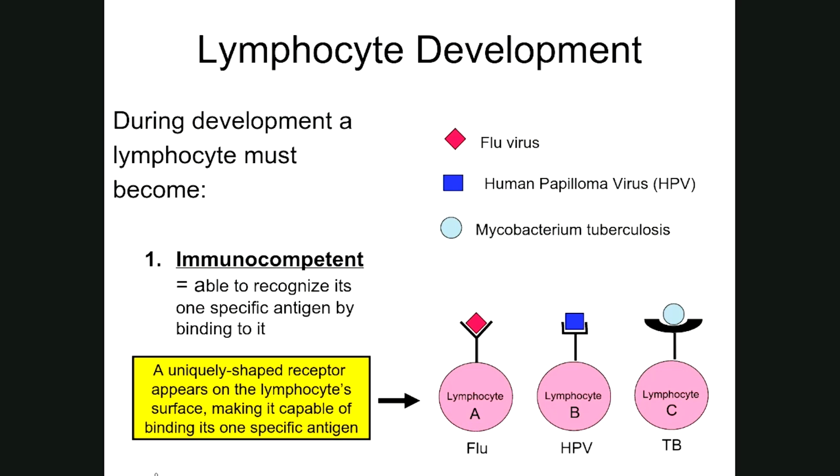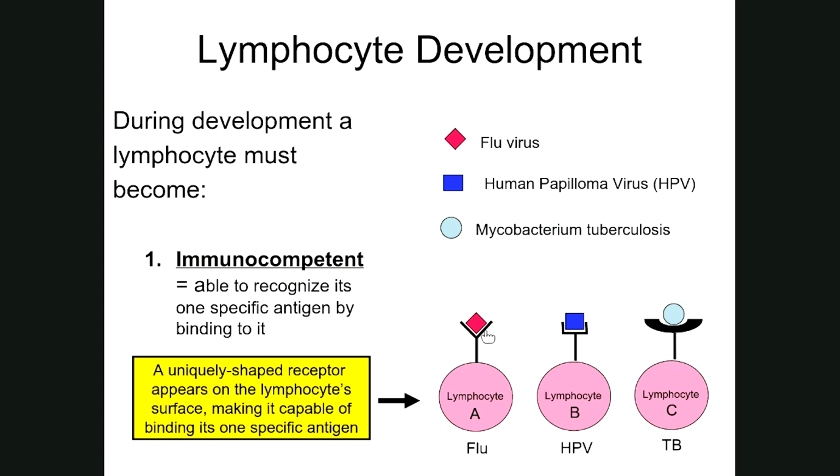That is, these cells that are developing sprout on their surfaces a receptor that's kind of a random shape. So if you look at lymphocyte A here, my representation of a lymphocyte that's developing in the thymus, you'll notice it has sprouted a receptor that has kind of a V-shaped end on it here.